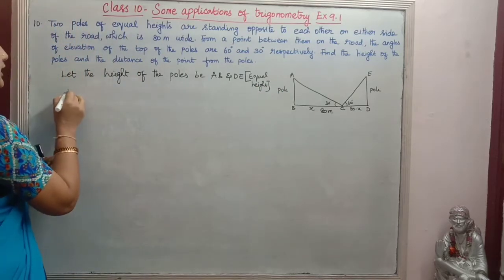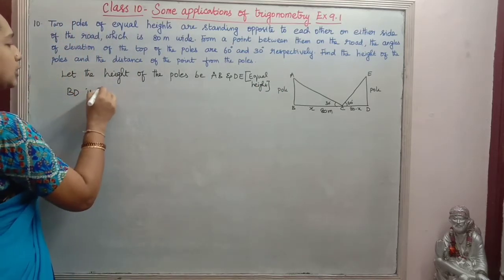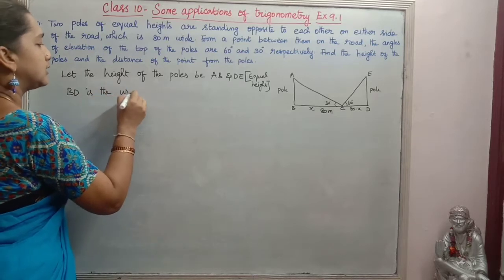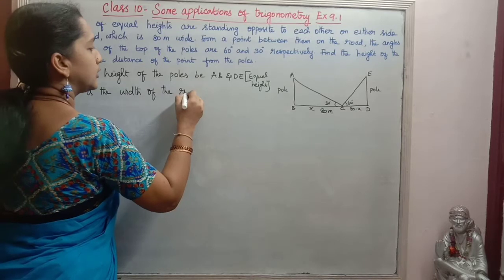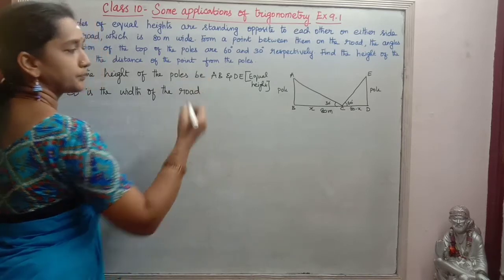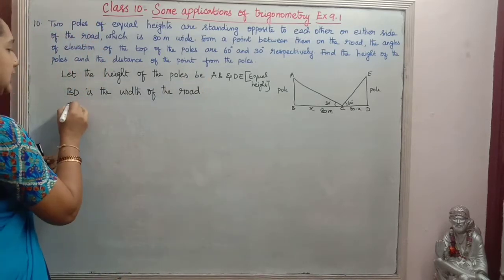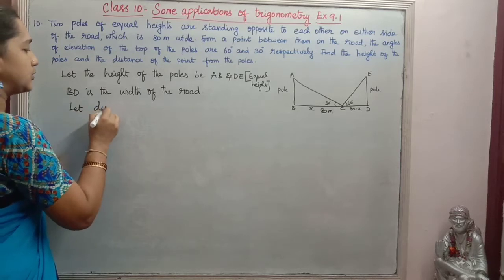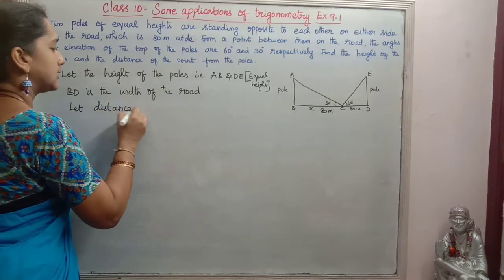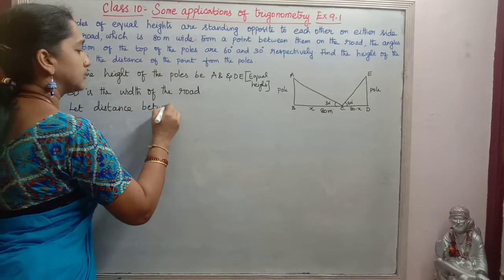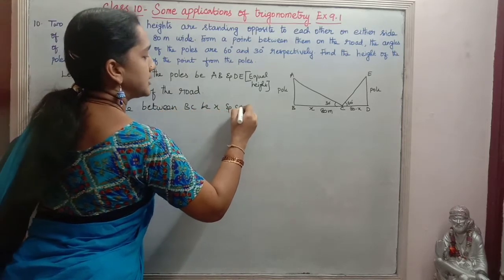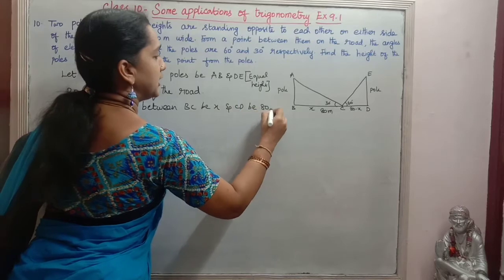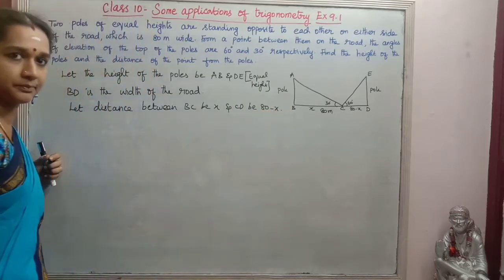BD is the width of the road. Let the distance between BC be X and CD be 80 minus X.